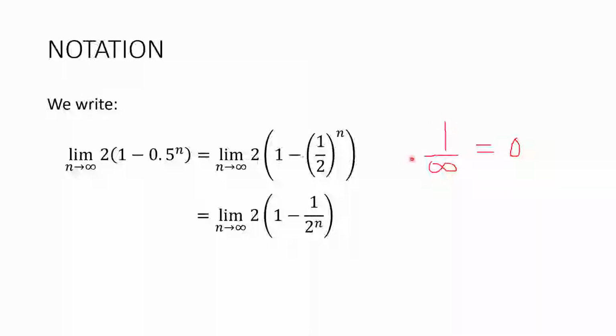That'll beg the question as to what infinity divided by infinity is, and you can go and explore that one for yourself, but we only need this one in order to solve this problem. So 1 divided by infinity is 0. So that means it's equal to 2 multiplied by 1, take away 0, which is 2. And then we've actually proven that the sum of that series, 1 plus a half plus a quarter, is actually equal to 2. Okay, and that's how we do it.